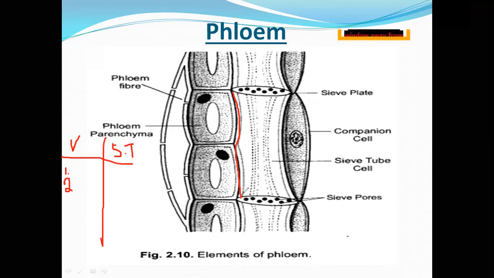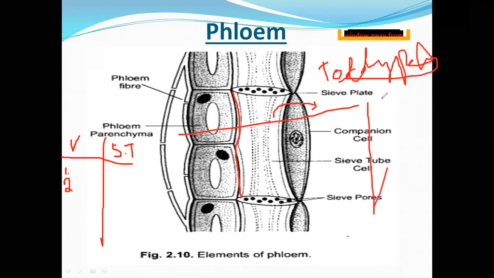In the sieve tubes, when we cut the phloem, there is an outcome of cell sap. For example, if you take a toddy palm tree, you know the toddy palm tree.